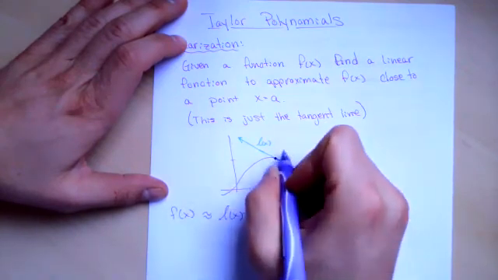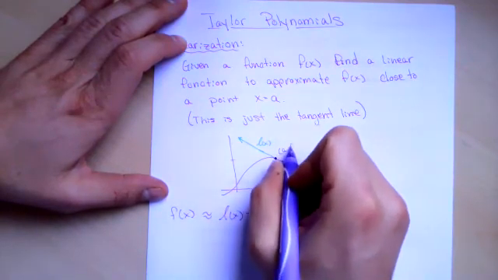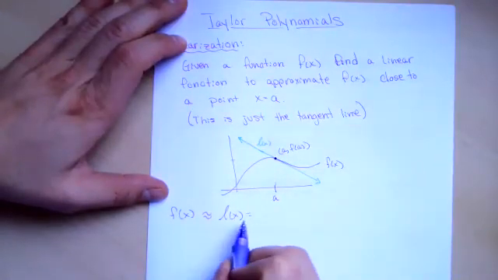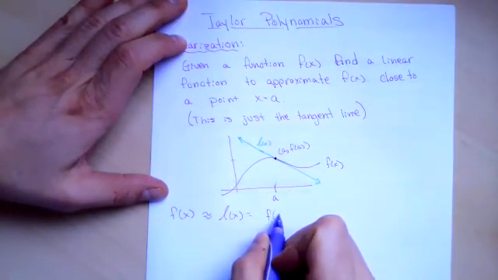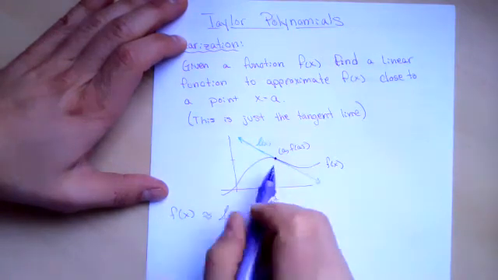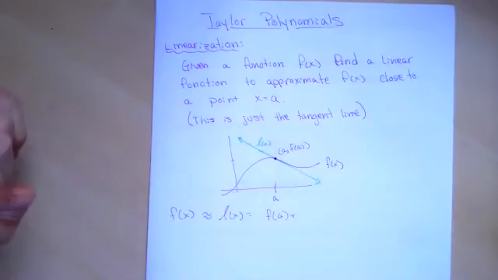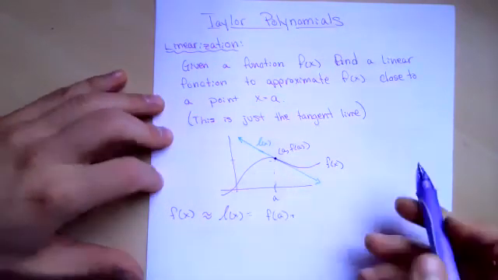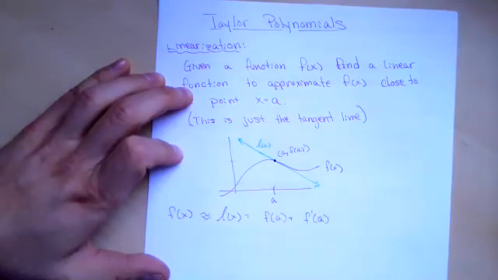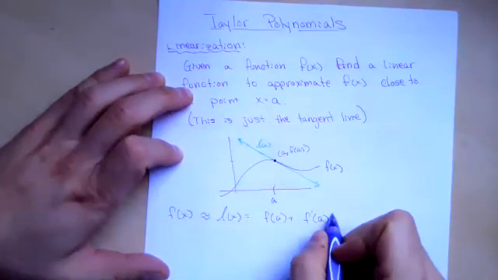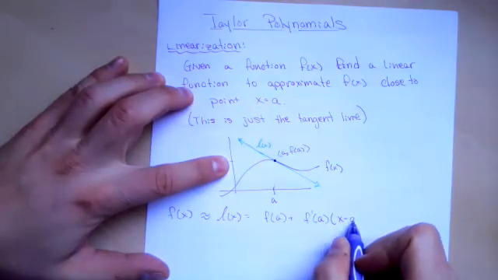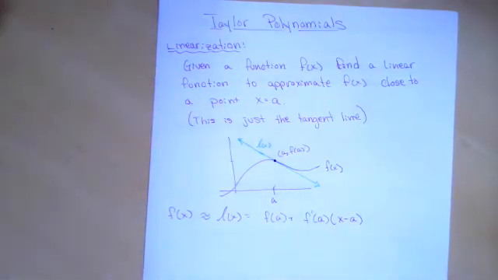And of course, the coordinates of that point are a, f of a. It needs to have the same slope at that point, which is f prime of a. And then by point slope form, we need an x minus a there.